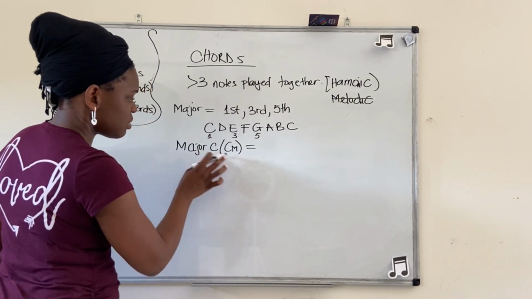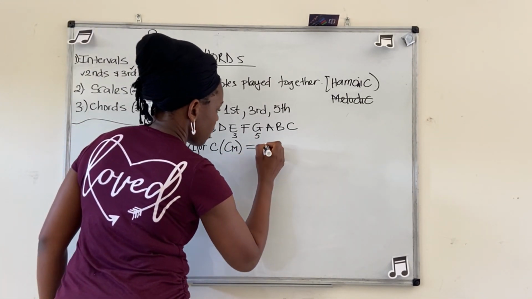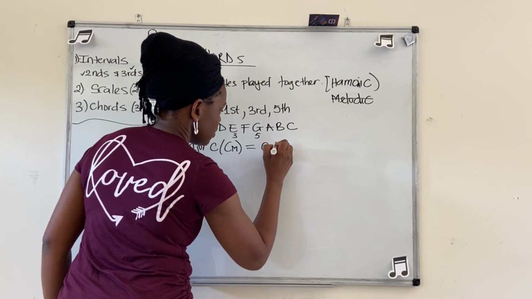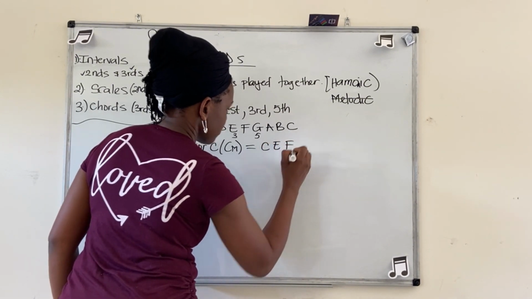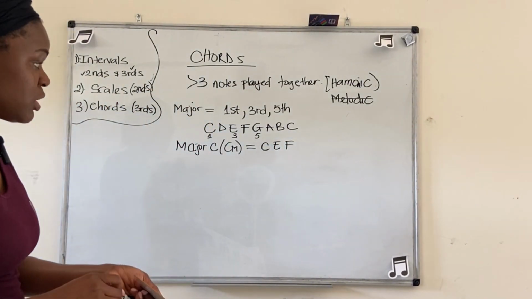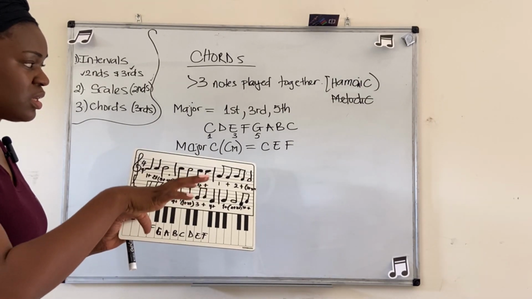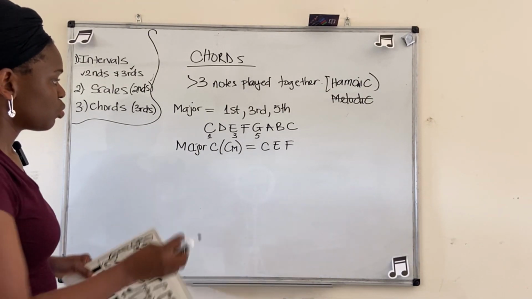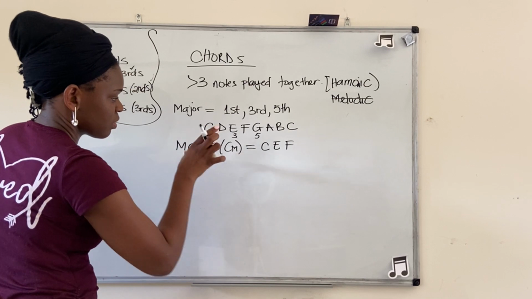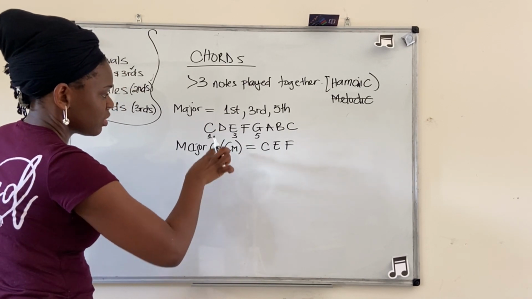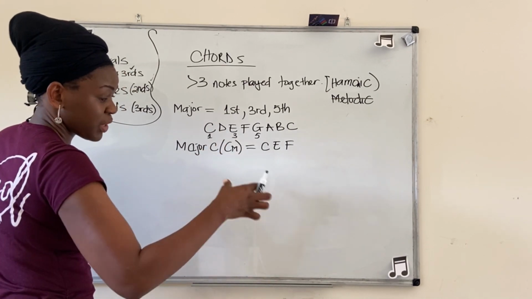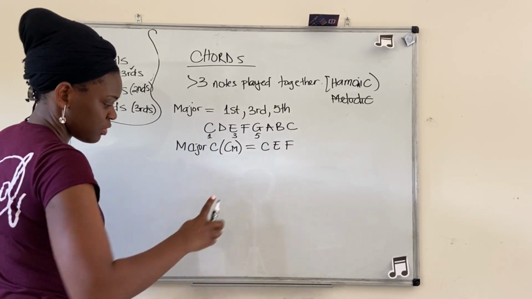So our C major chord is going to be C, E, and G. If they tell you to play a C major chord, you will play C, just as it is, your first finger. E for your right hand is going to be your third finger.